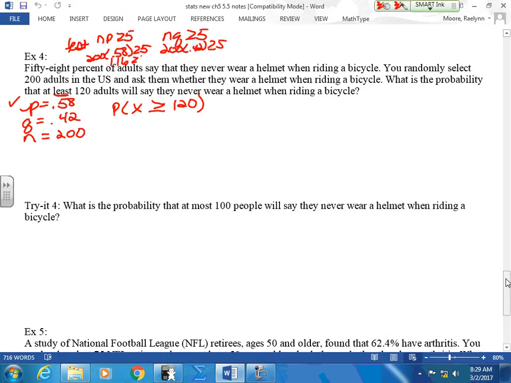So my mean is 116. My standard deviation is the square root of n times p times q, and your standard deviation comes out to be 6.98. So when you round it to one decimal place, it's 7. I'm almost there. What do I have to do next?